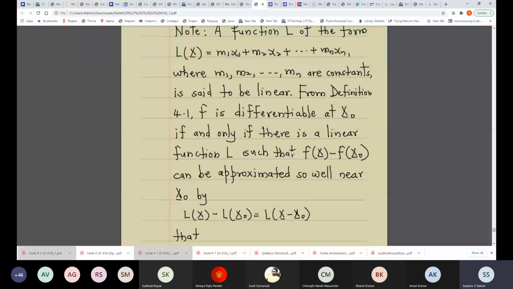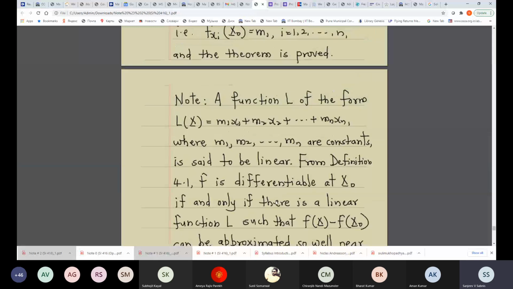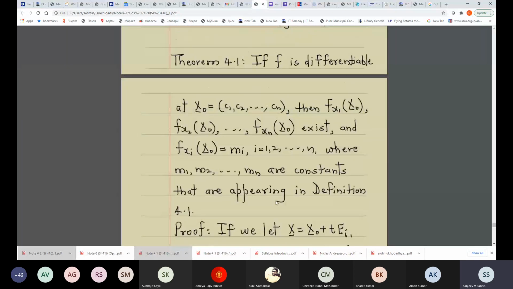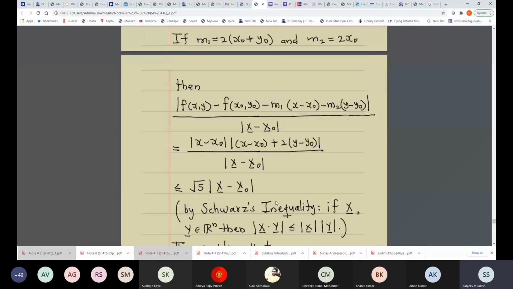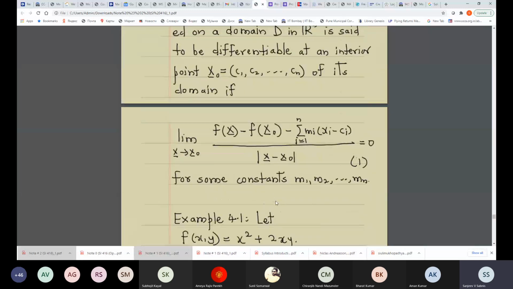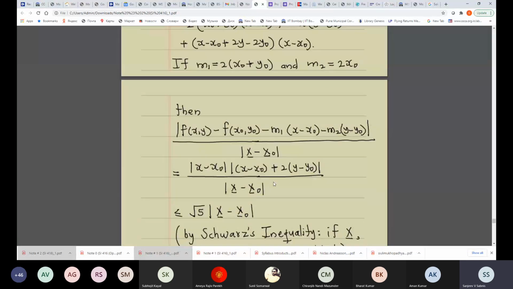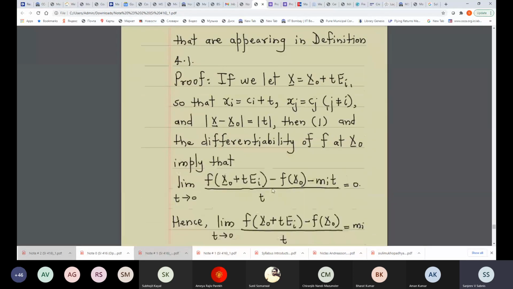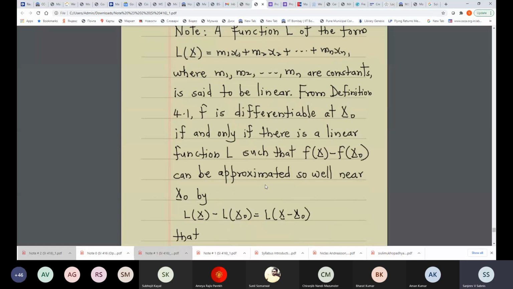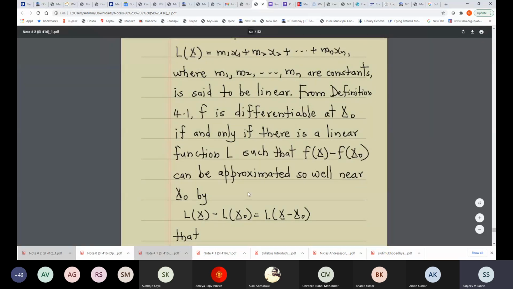Now a linear function has this property, that Lx minus Lx0 is L of x minus x0. So actually what I am referring to is this part. From this theorem, it is clear, let me go back to the definition, that this is what we are referring to, the linear function. We're trying to approximate fx minus fx0 by this linear function in the vicinity of x0, when x is in the vicinity of x0.